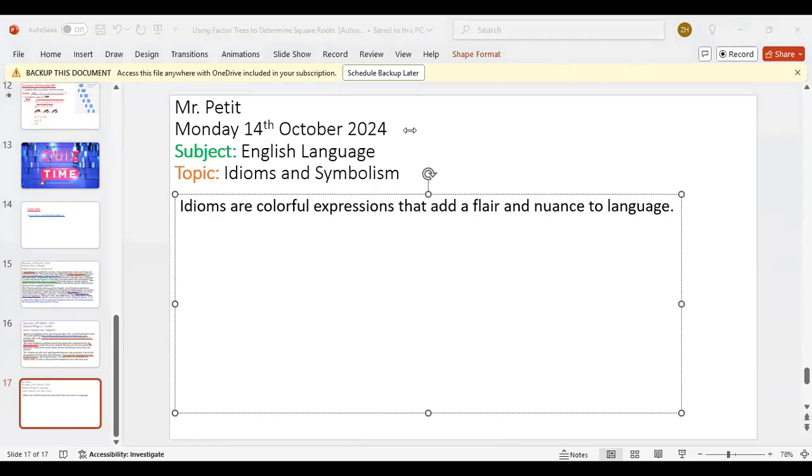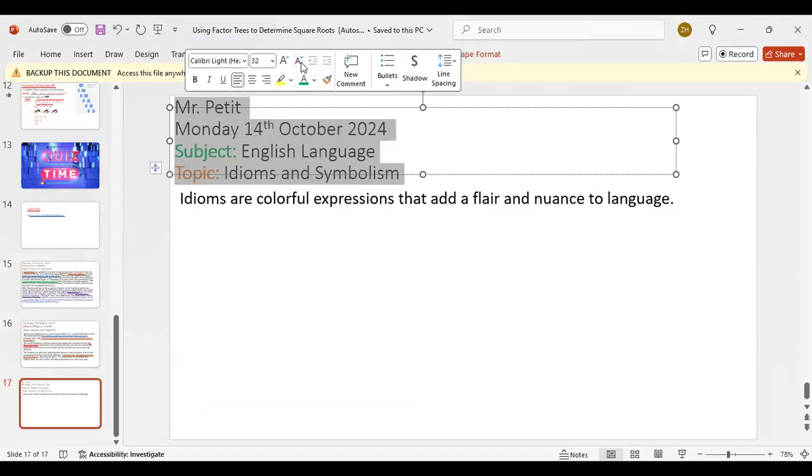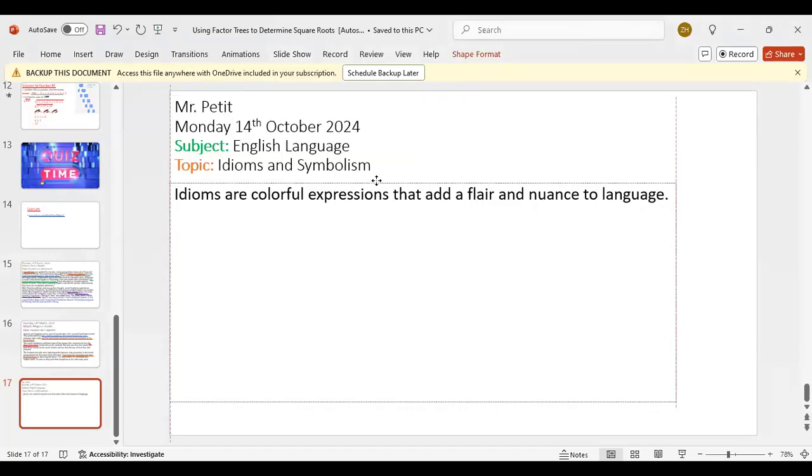Or it's said in a figurative way, or in a way that you initially think, I don't understand what that means. And then when they explain, you're like, oh, I understand now. So again, idioms are colorful expressions that add flair and nuance to language. So a lot of idioms, a lot of sayings, a lot of proverbs, what they might call old people language, are idioms. Really, they're idioms.